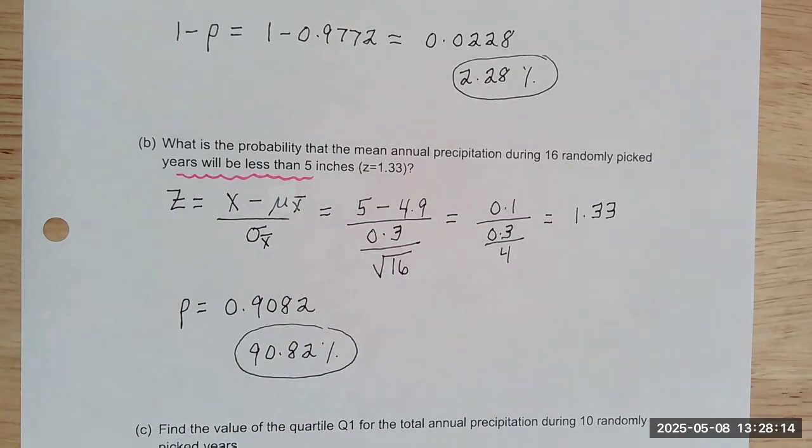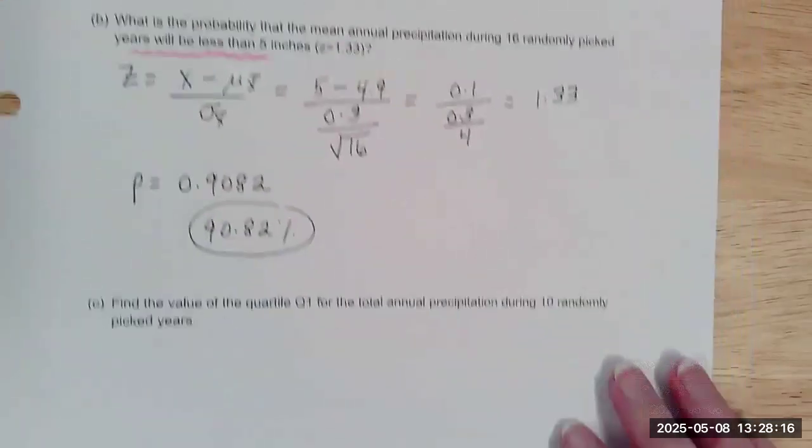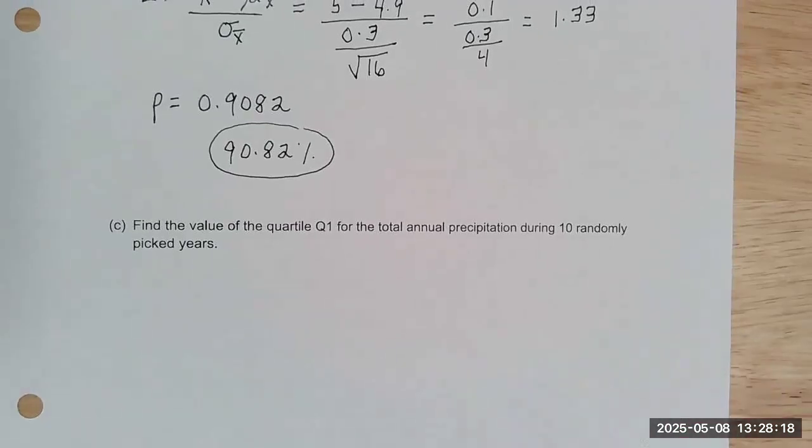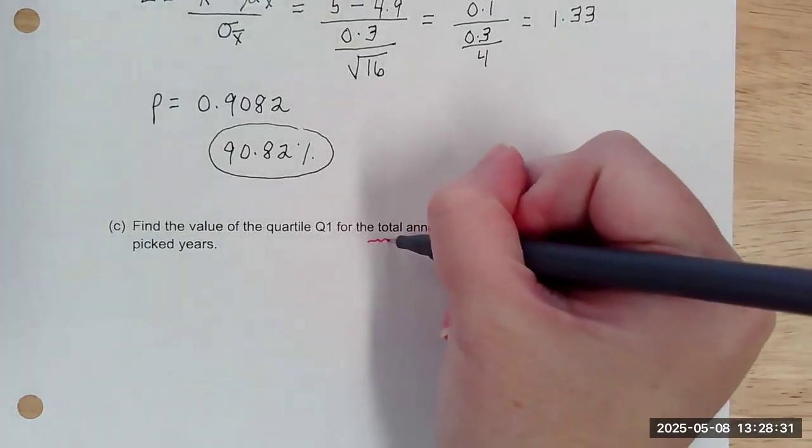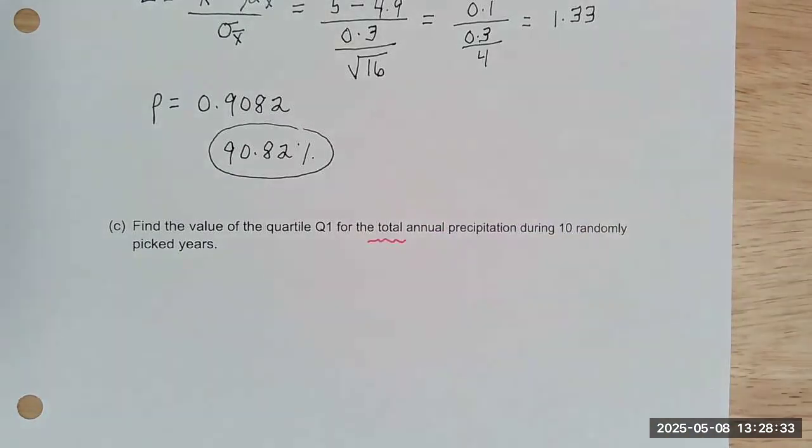And then the last one is a little trickier. Find the value of the quartile Q1 for the total annual precipitation during 10 randomly picked years. So we've got that word total in there again. So that means we're talking about the sum situation.